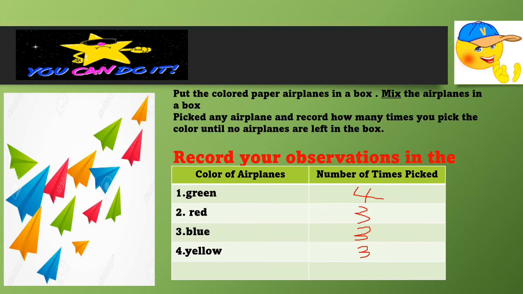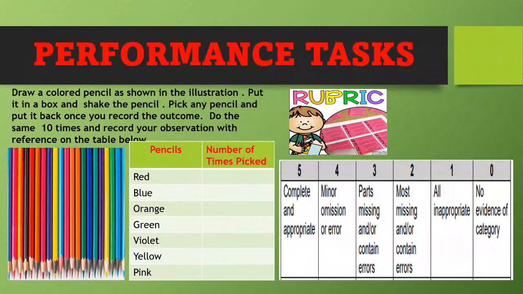Very good, class. Now you know how to record your observations. This is only a simple experiment. For your performance task, draw colored pencils as shown in the illustration. Put them in a box and shake the pencils. Pick any pencil and put it back once you record the outcome.